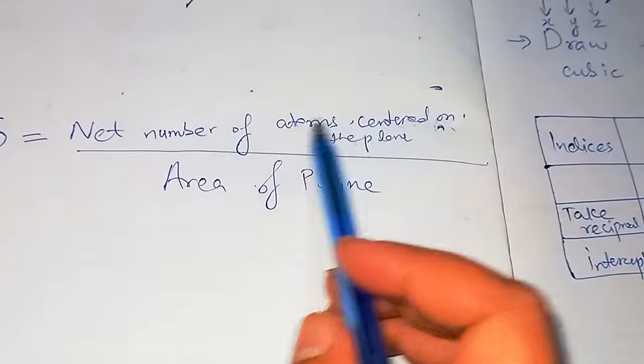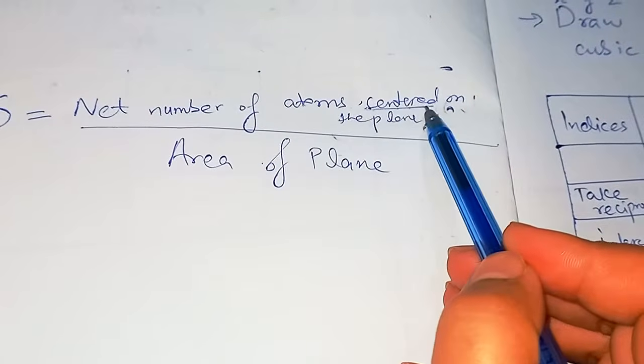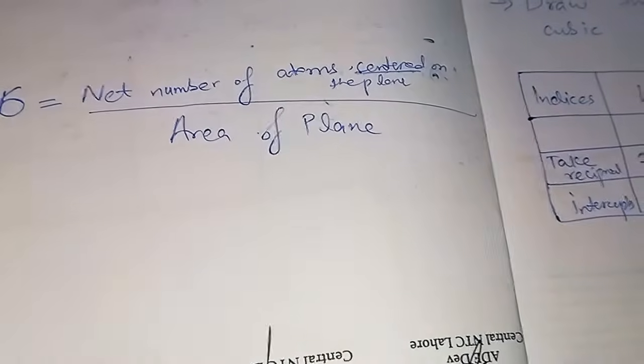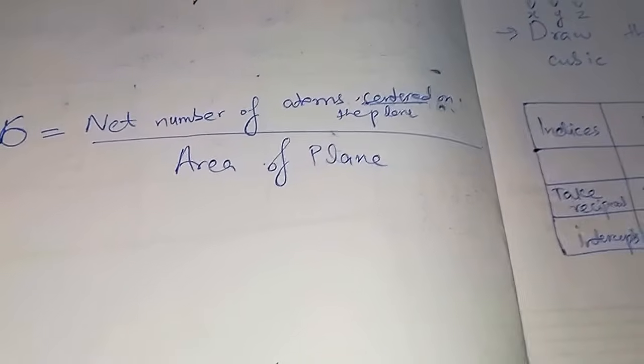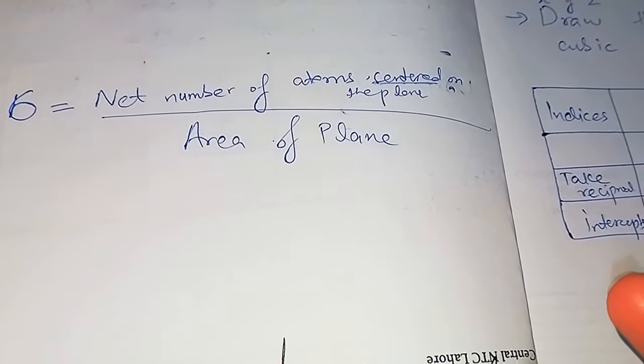Alright, so here the definition of capital N is really important. Here the word centered is central. This is a really important word in here. All those atoms which are actually centered on the plane will be considered to be contributing to the plane.